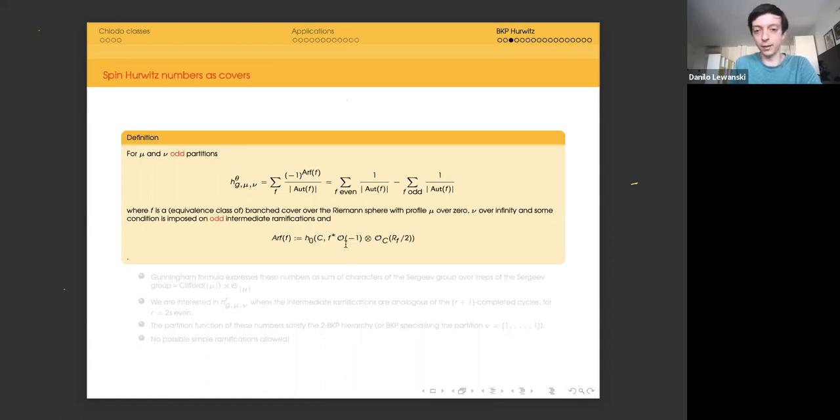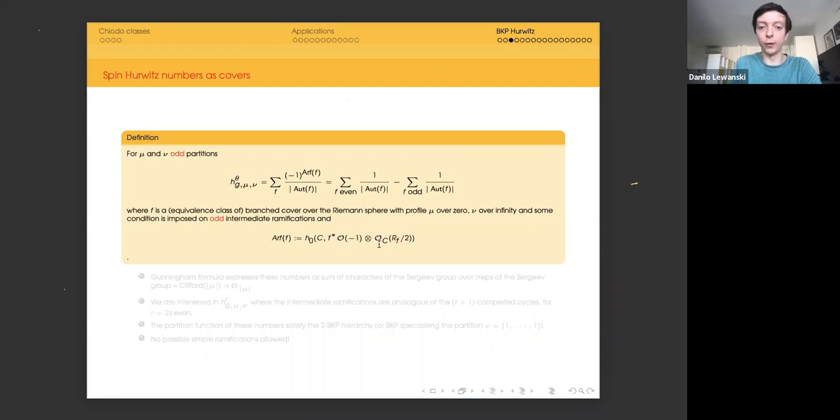This is not enough. You need to tensor this because you want to involve the ramification of F, and you take the ramification divisor of F. And because all the partitions mu and nu and also the intermediate ones are odd, the ramification divisor has even coefficients, and therefore you can divide by 2.